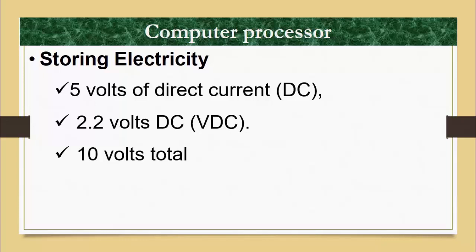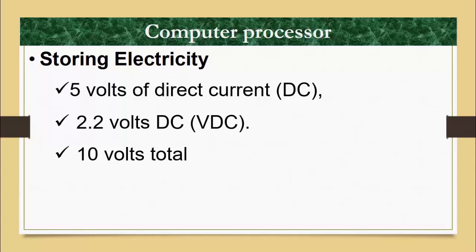By reducing the voltage to 2.2 volts DC, for instance, the range of changes is smaller. It takes less time, and the microprocessors can do more.